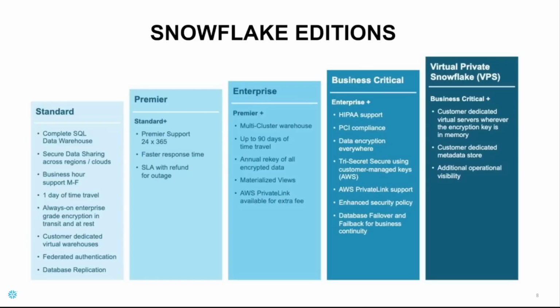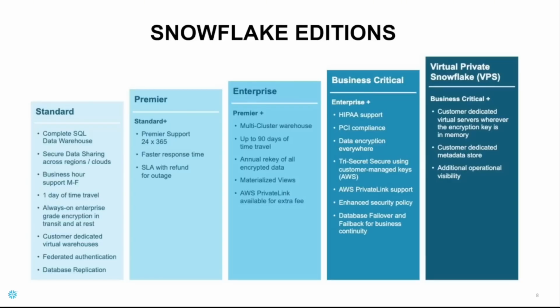All these four editions can run on a public cloud such as AWS, GCP, and Azure. If you want to run your Snowflake account on a VPC, which is a virtual private cloud, you can use the VPC edition of Snowflake. This edition contains everything in the other editions.